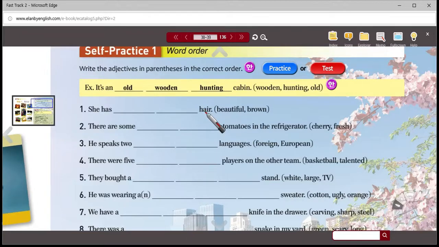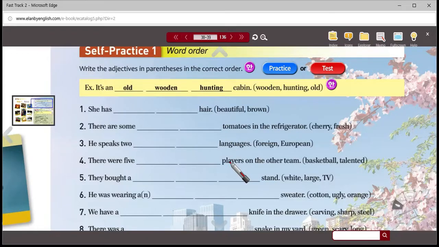So these are attributive forms. If you look at these sentences, she has hair. There are some tomatoes in the refrigerator. He speaks 2 languages. So all these sentences are correct on their own. We're just simply giving some adjectives to give you more information about the objects in each sentence.